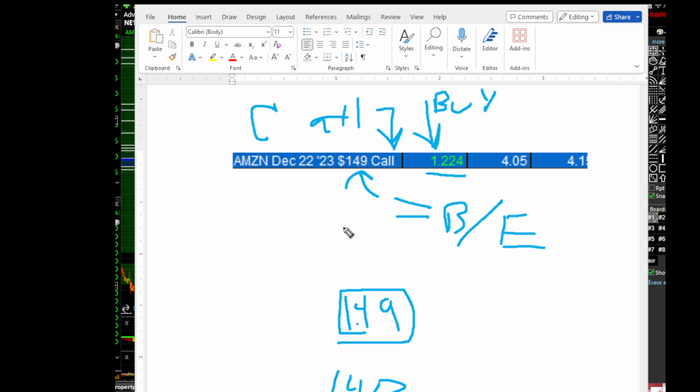Unless there's time attached to it, right? The break even on that's going to be whatever you paid minus the strike, instead of adding. That's it. Does that make sense?